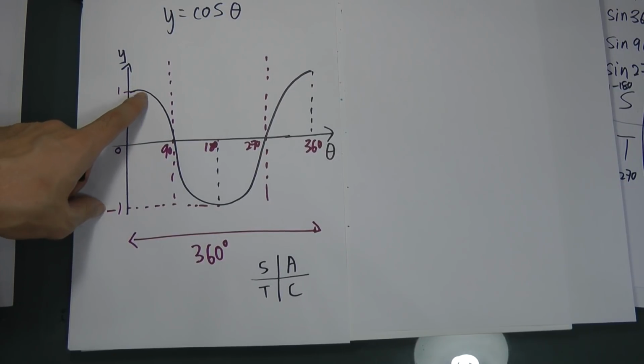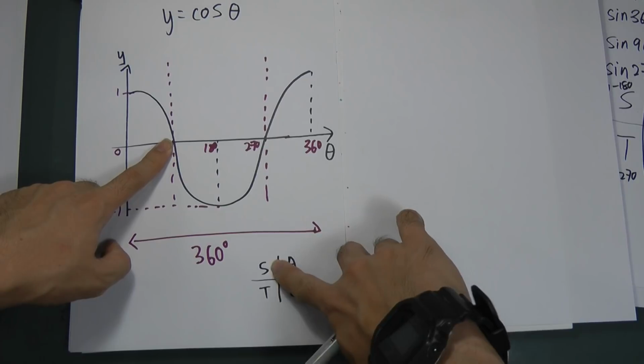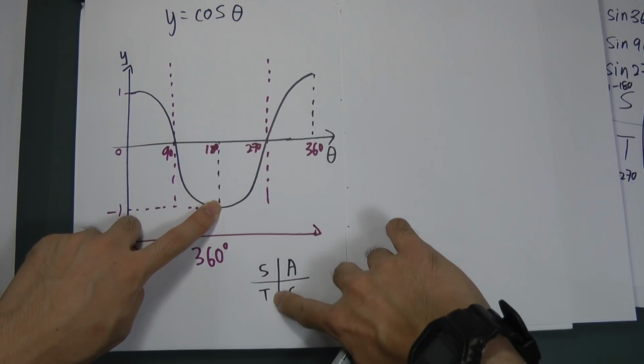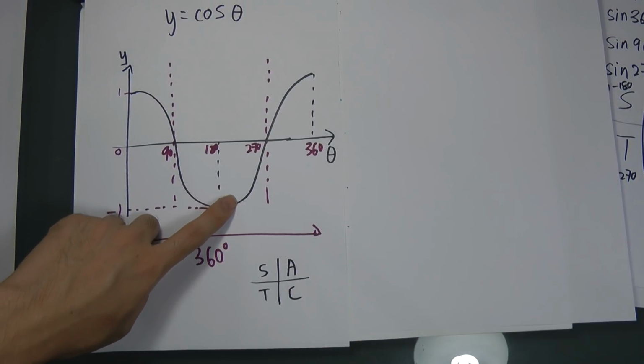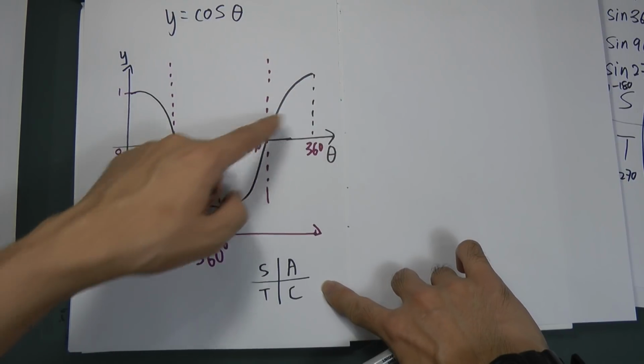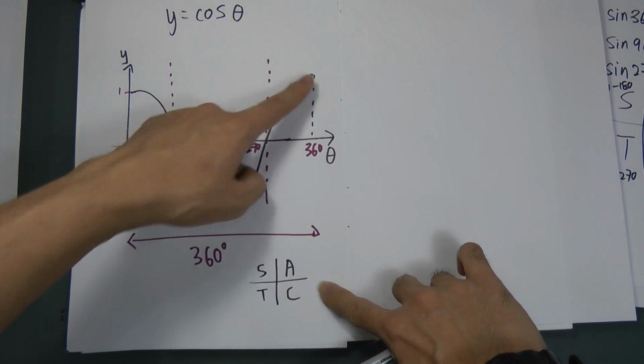In the second quadrant only sine is positive, so cos is negative. In the third quadrant, cos is still negative. But in the fourth quadrant, cos starts to become positive.